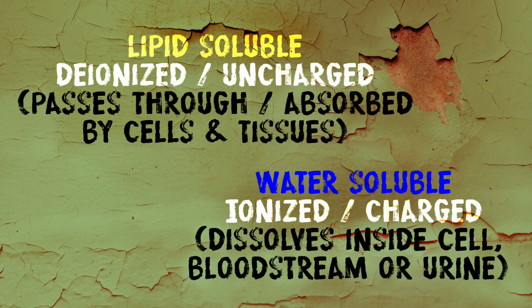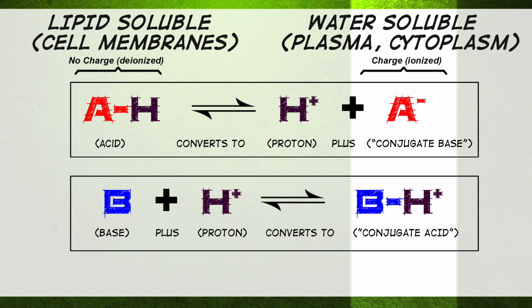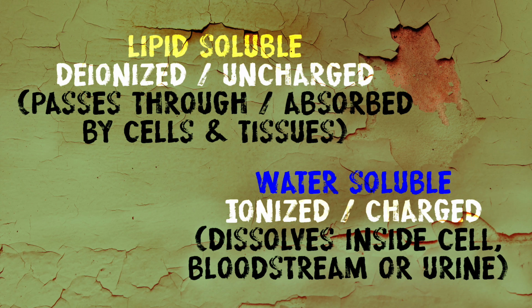On the other hand, to dissolve inside a cell, or to be carried around in the bloodstream, or to be excreted by the kidneys, molecules must be water soluble. So charged or ionized molecules are water soluble. So the take-home message here is lipid soluble, deionized, water soluble, ionized.